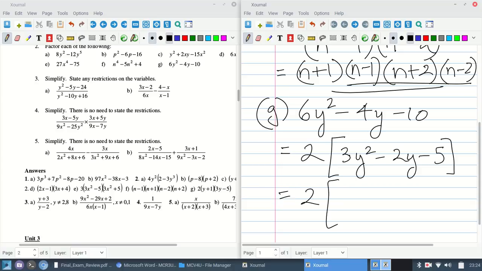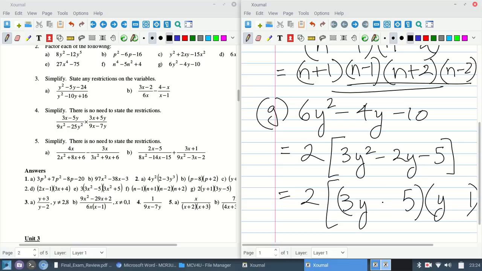Watch. There's only 1 way to get 3, right? 3 and 1. There's only 1 way to get 5. 1 and 5. So my answer, right, will have a 1 and 5. I just got to figure out where to put the 3, right? And then it'll work.